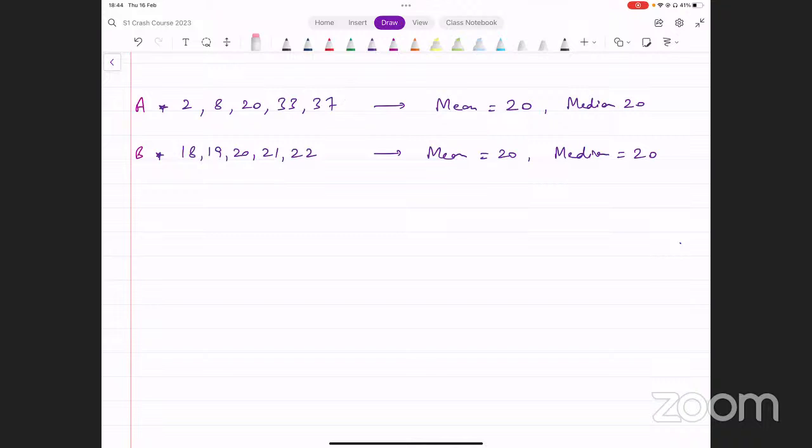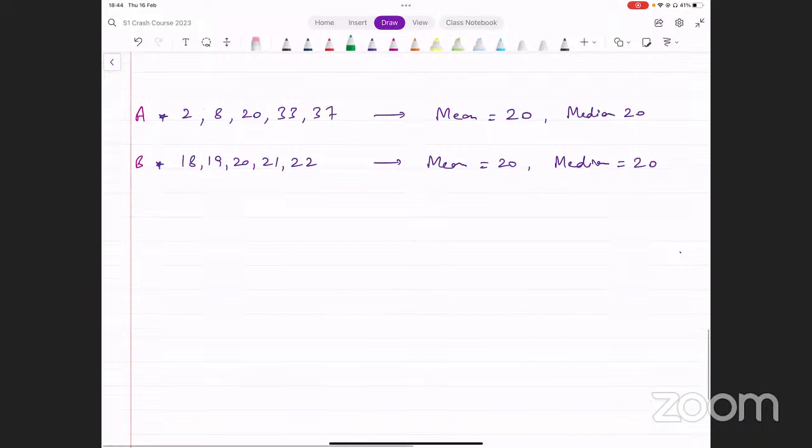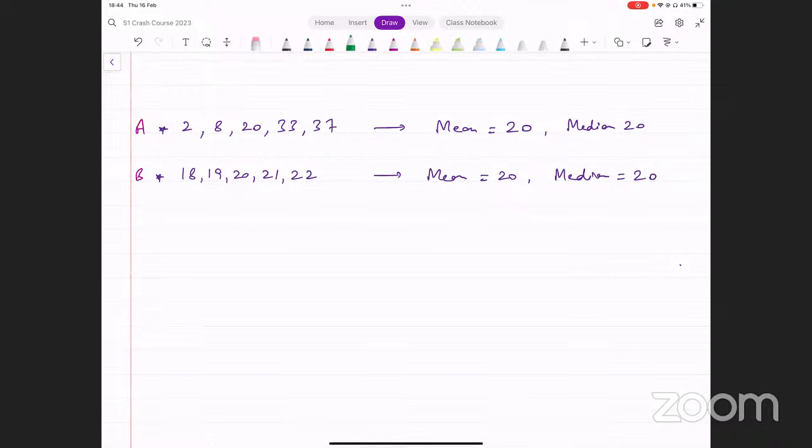Let's say these are salaries per year, per month. Okay, let's say these are monthly salaries, and let's convert this to some other unit. 2000 would be too little.